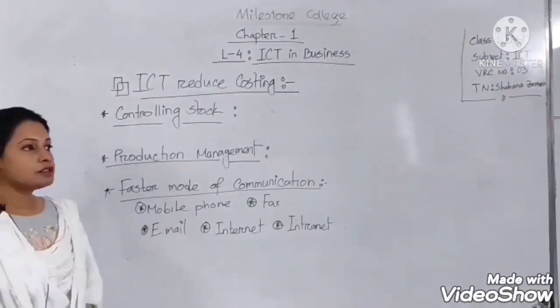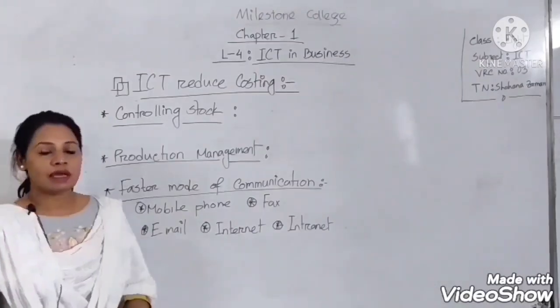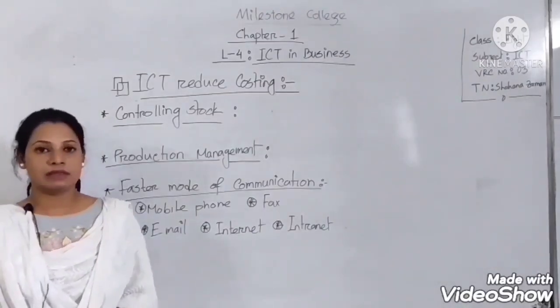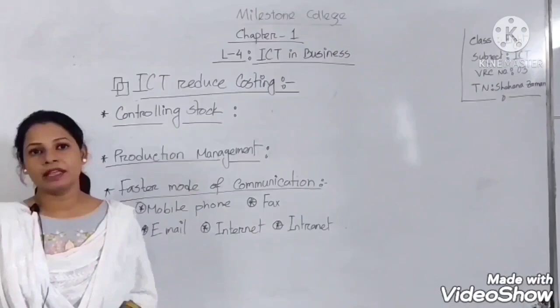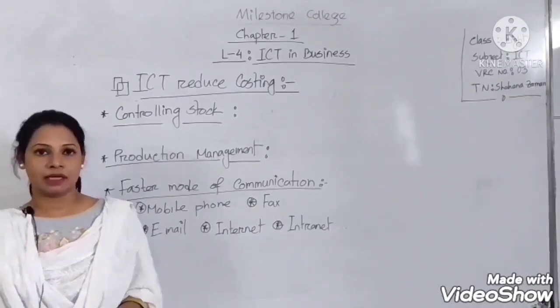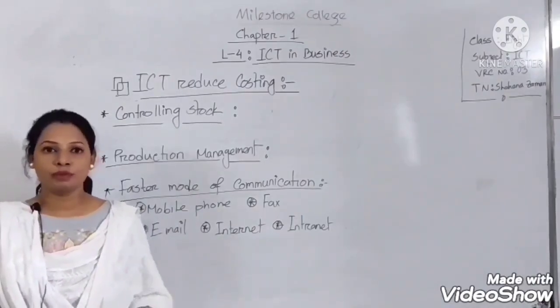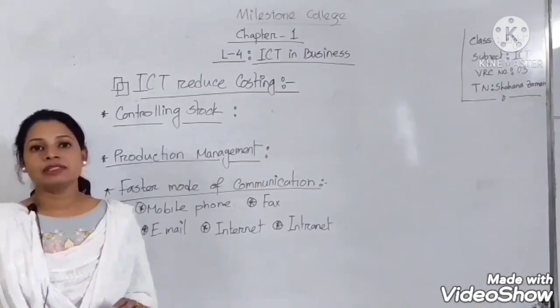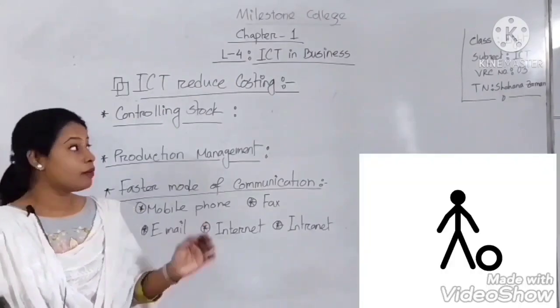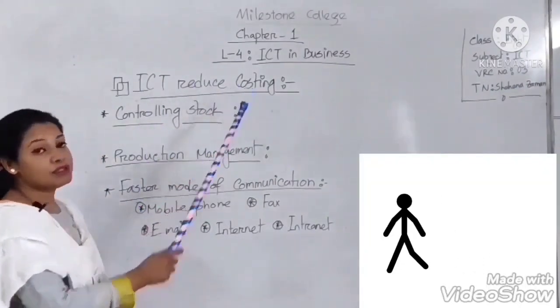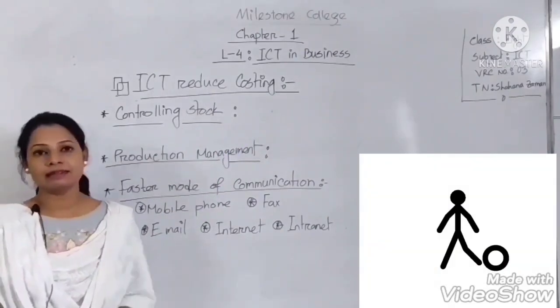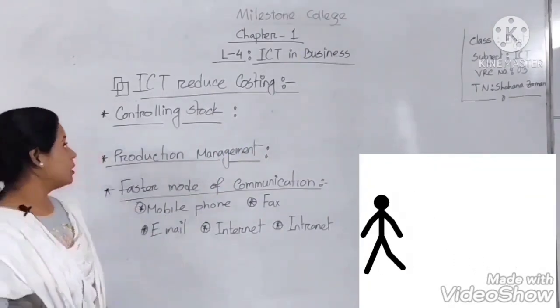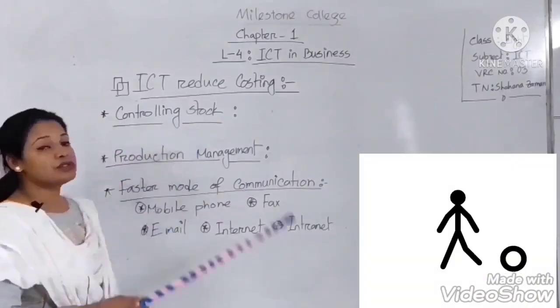Students, we have already discussed the objectives of business. Businessmen have only one target: how they can create more profit and invest less. And they want to reduce the cost also. For that, they are taking some steps. Number 1, controlling stock.